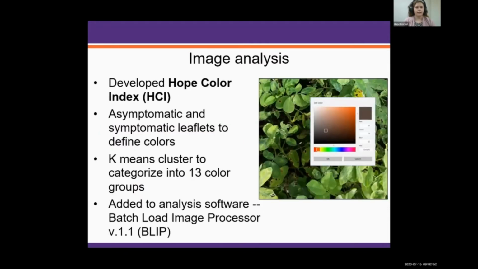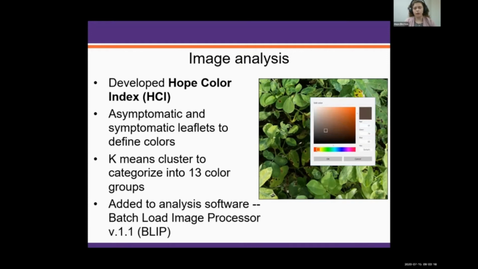So the next step is we developed the Hope Color Index, or HCI, and that process was taking asymptomatic and symptomatic leaflets in order to find colors that were specific to peanut leaves. This image on the screen is a canopy image with some late leaf spot.